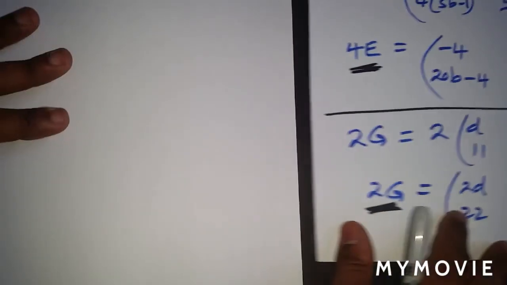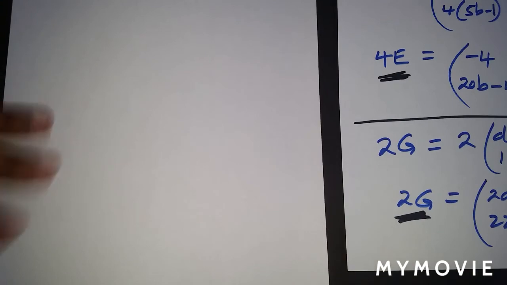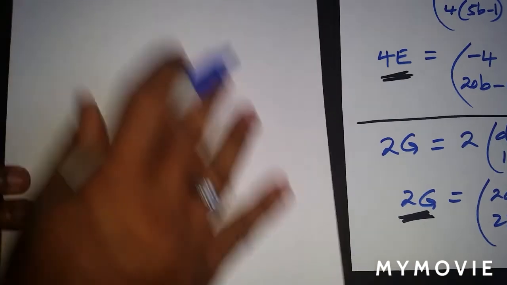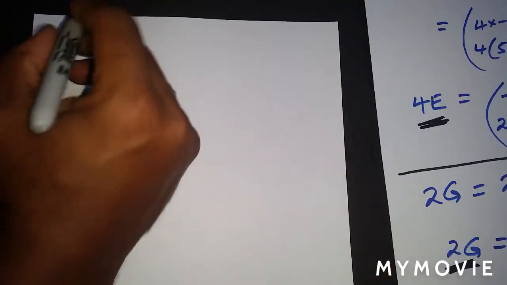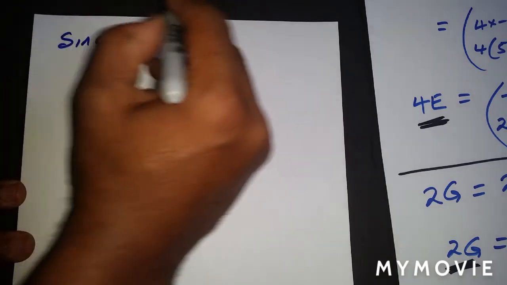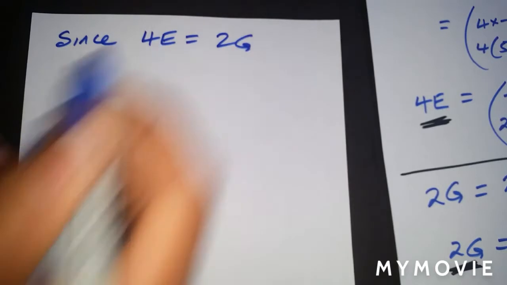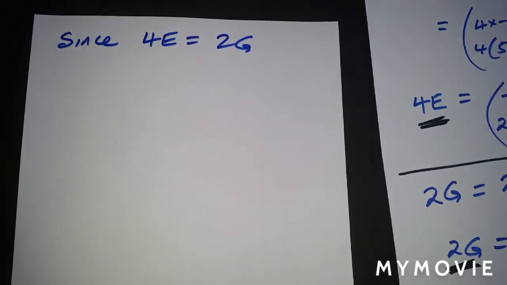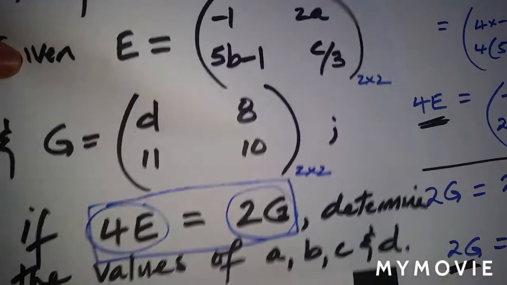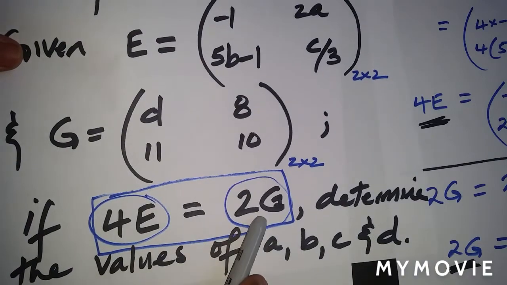So, since 4E is equal to 2G, that is based on what the question stated. 4E is in fact equal to 2G.